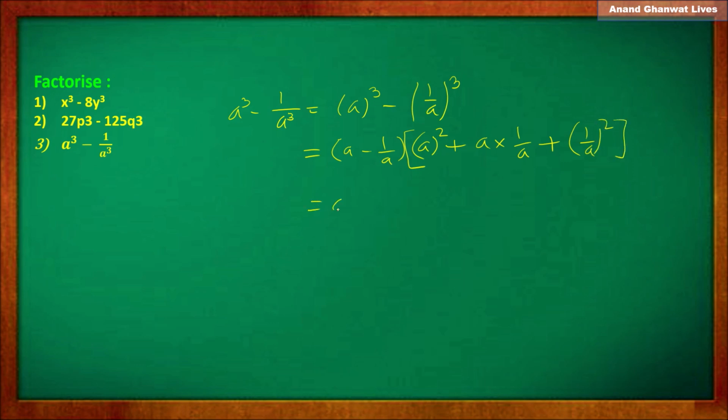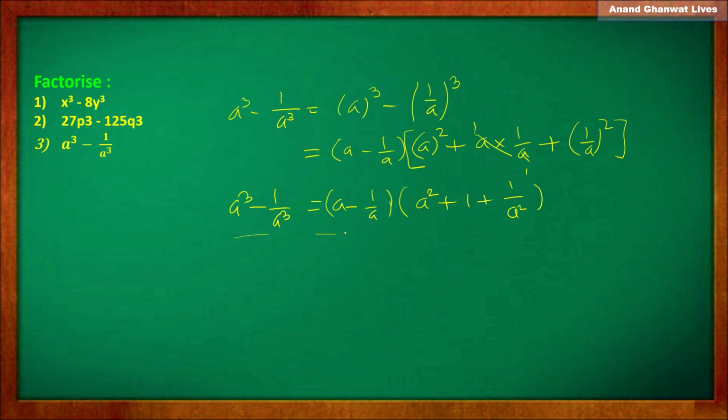So it is equal to a minus 1 upon a into another bracket a square plus, now a into 1 upon a, that is 1, plus 1 upon a square, that is 1 upon a square. So these are the factors of a cube minus 1 upon a cube.